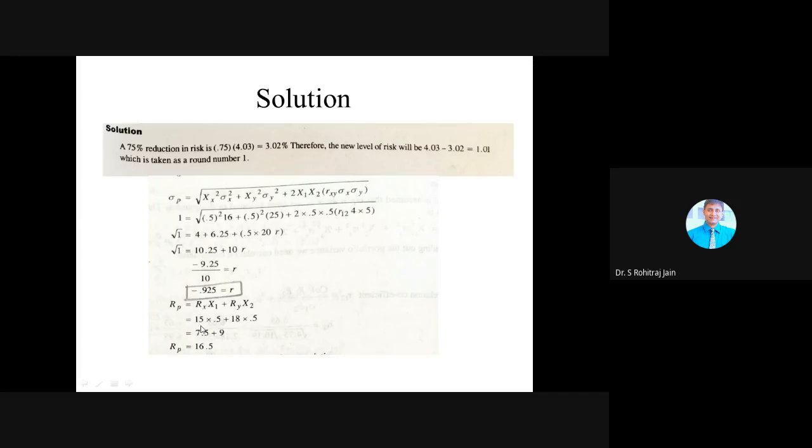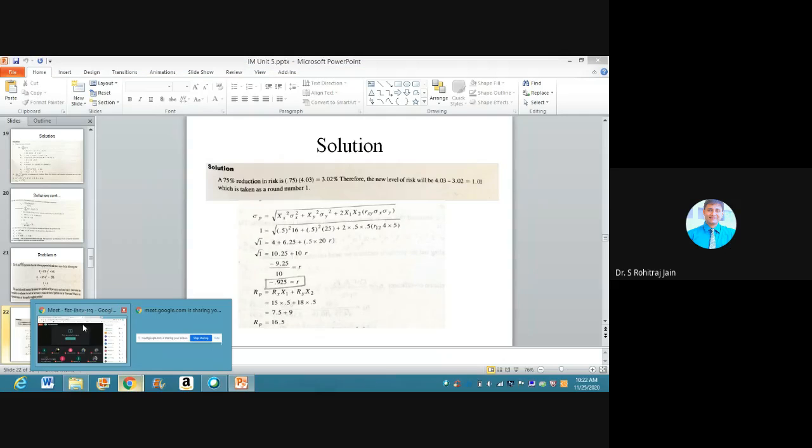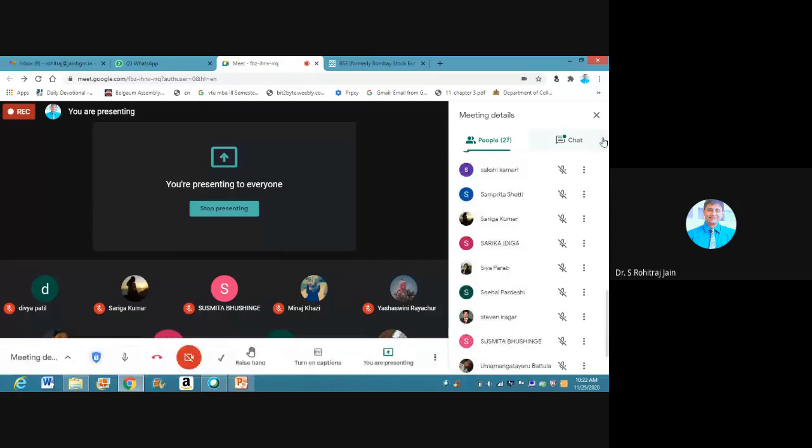Students, any doubt here, please ask me. I think few might be getting difficulty in calculating this part, right? So everybody, when you are calculating, you are getting the value of R minus 0.925. Today the energy level is down, students. I don't know the reason.